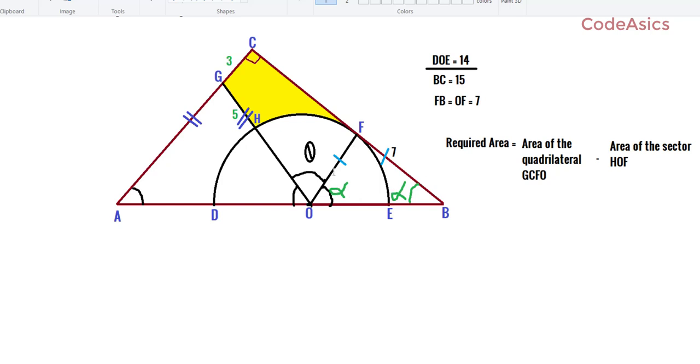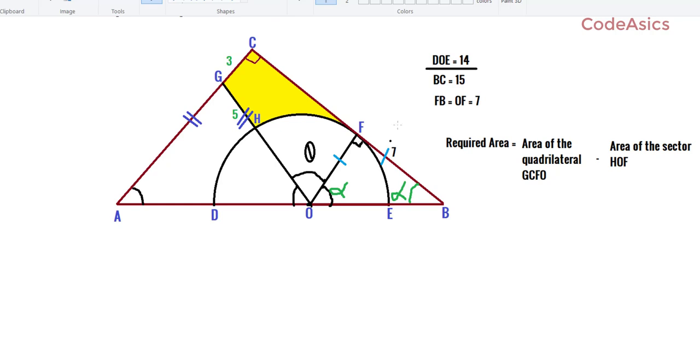Now before we go on to calculate alpha, you can clearly see that this side is hitting the tangent at F. There is a tangency here that is created when the side of the triangle is touching the circle. Now whenever you draw a line from O to the tangent, that would make an angle of 90 degrees.